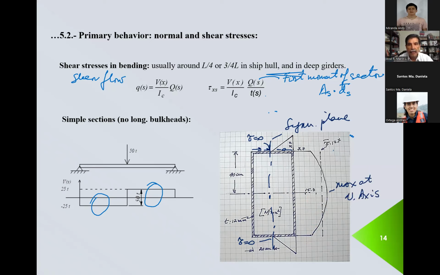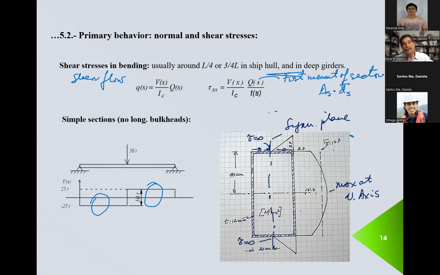There, okay? And another thing which is very interesting is that we could estimate the average using the vertical elements, the webs, right? Just to have a reference value, we could divide the shear force by the area of the vertical elements of the webs. That's a good value, people, believe me.